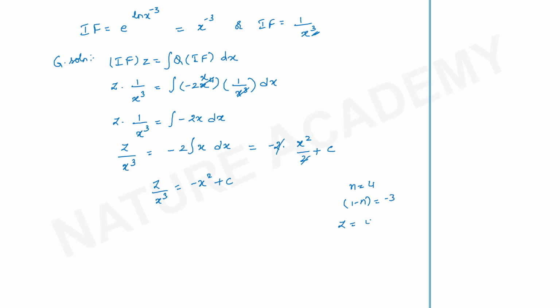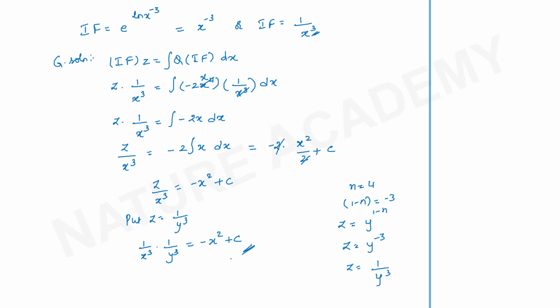So z is equal to y raised to 1 minus n, or z is equal to y raised to minus 3, or z is equal to 1 by y cube. So that I will have 1 by x cube into 1 by y cube is equal to minus x square plus c. This is the required general solution.